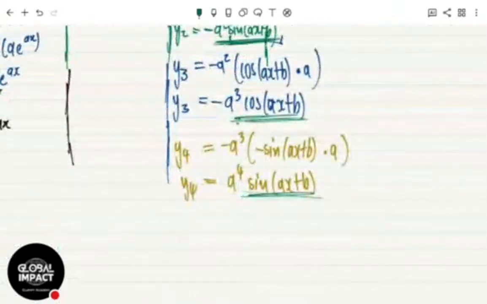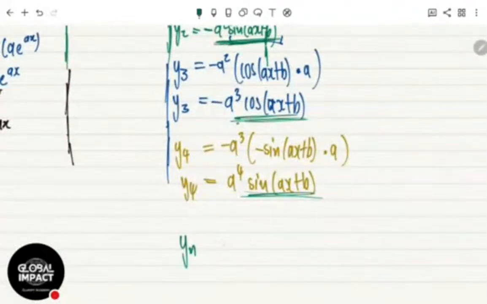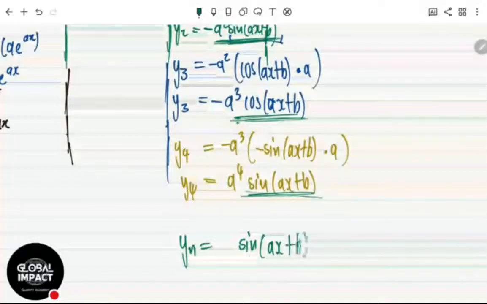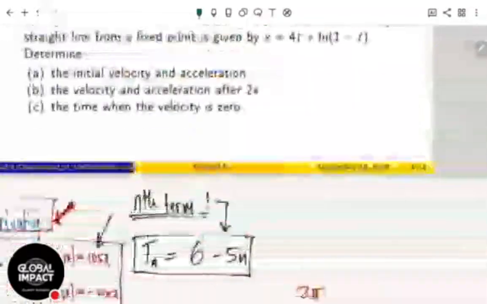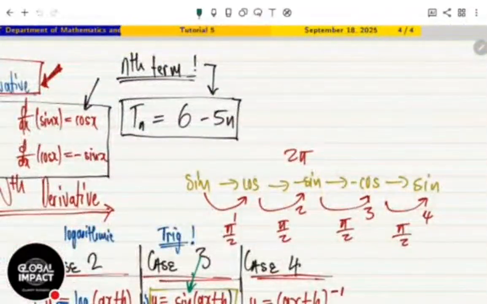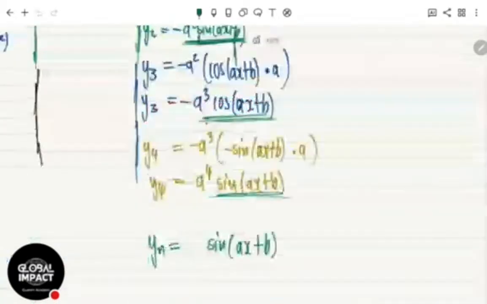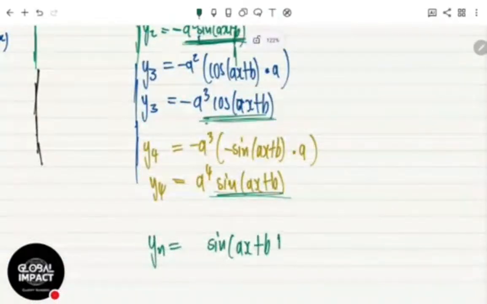So if I'm now getting yn, it is going to be equal to sine of ax plus b, right? Because the original one was a sine of ax plus b. So the nth derivative will also have a sine, but it won't be just ax plus b, it will be ax plus b plus n times pi over 2.